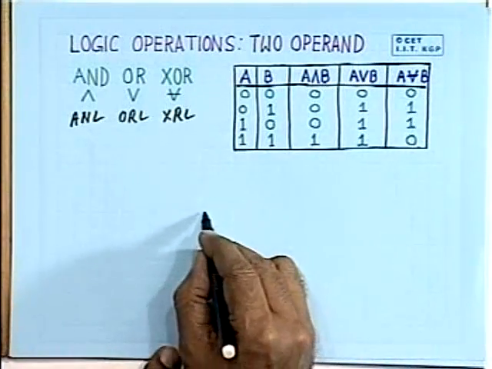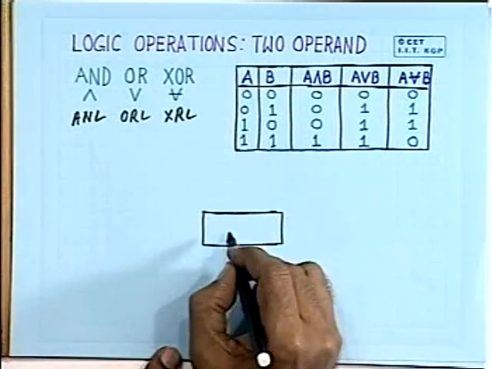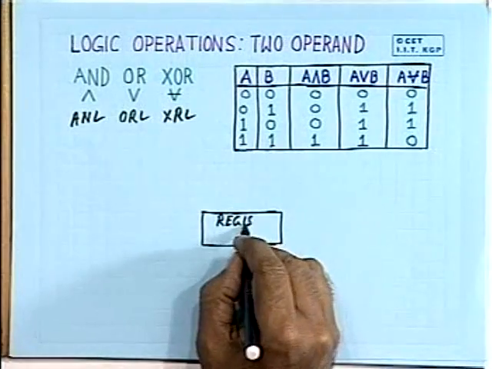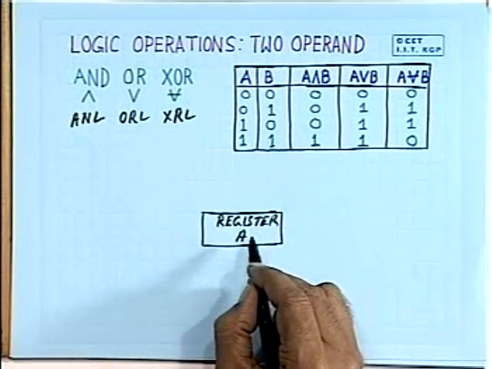That means here we always take, not always, in most of the cases we take register A, that means the accumulator, as the source as well as destination.